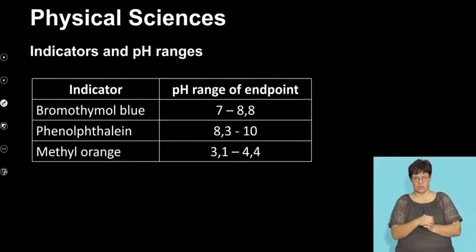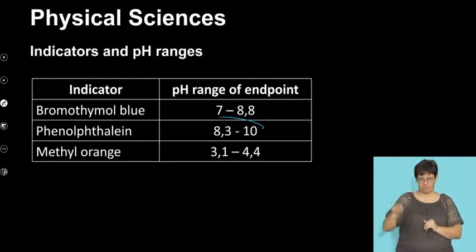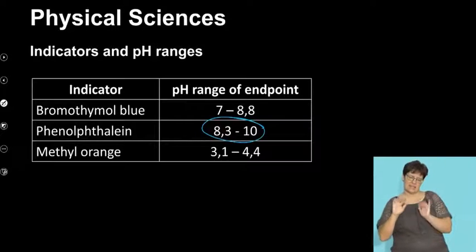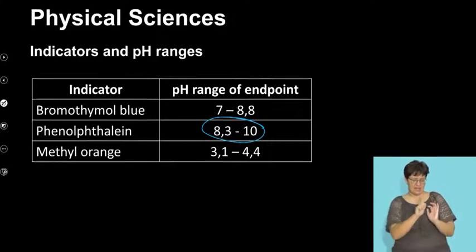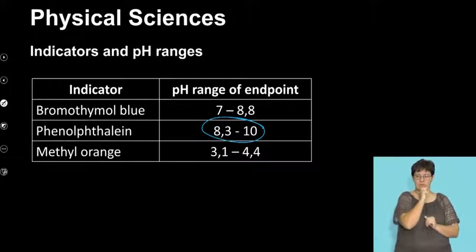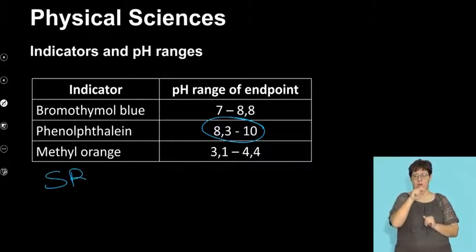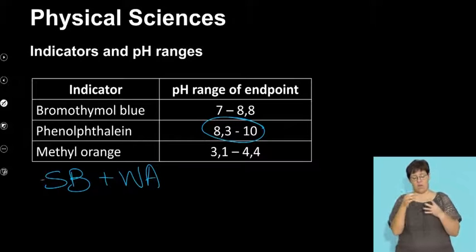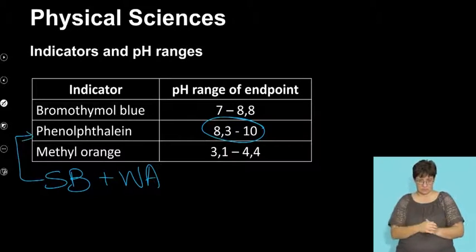A weak basic salt will have a pH in the range of a bit bigger than 7, so 8.3. So in this case, we will have a strong base and a weak acid reacting with each other in the presence of the indicator phenolphthalein.